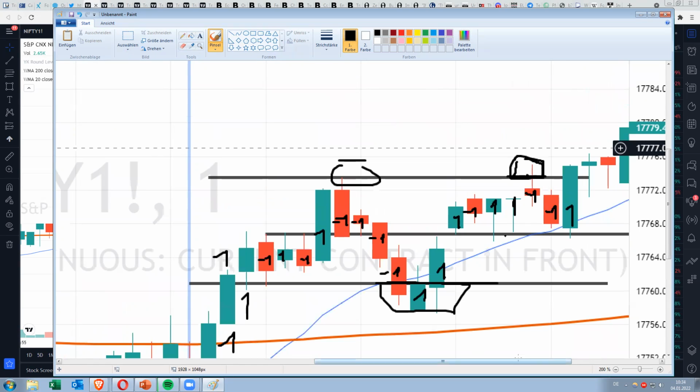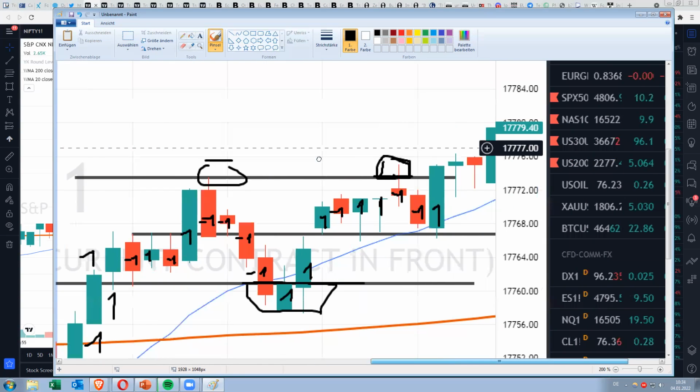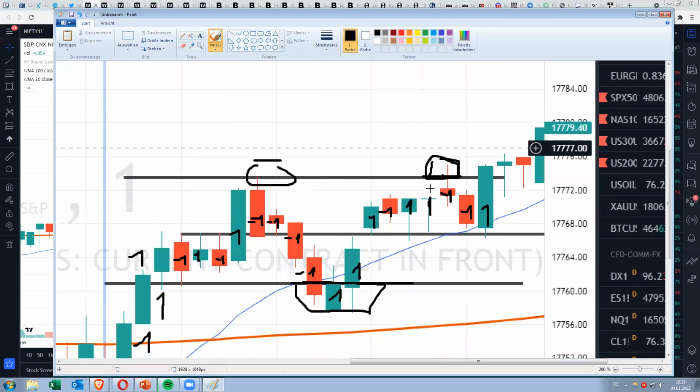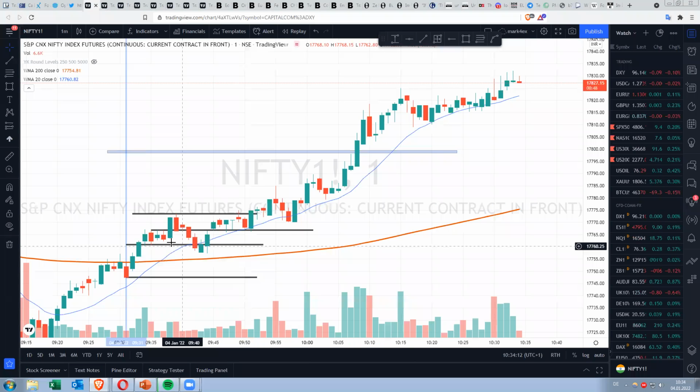And look what happens. I will delete the screenshot. Look what happens. The sellers give up. Of course, you can do this exercise on and on, but you see, just based on a simple one lot exercise, how the price is constantly changing from here to here, from here to the 25, and from the 25 to the measured move.